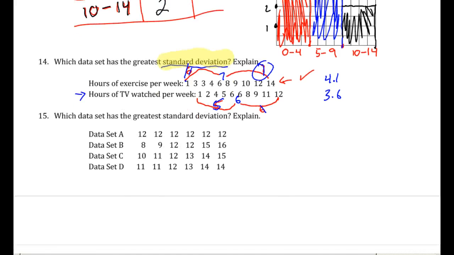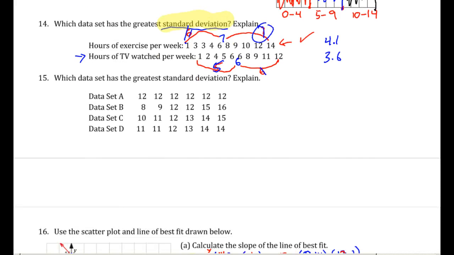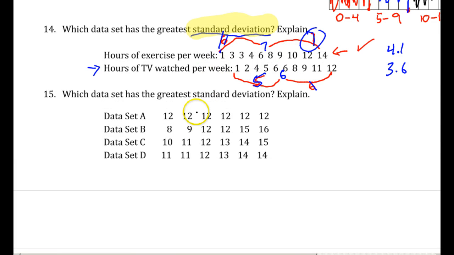Number 15, which is the greatest? Once again, which is more spread out? So you can think about the middle. These all have a middle of about 12 or 12 and a half. How far is it from here to here? 12 to 12. Yeah, 0. How far is it from here to here? 0. So the standard deviation here is 0.